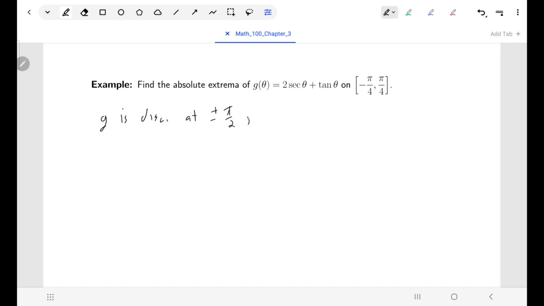So g is discontinuous at positive and negative pi over 2, 3 pi over 2, and so on. And that's fine for us because none of those numbers happen to be inside that interval from negative pi over 4 to pi over 4. So that means that g is continuous on that interval.